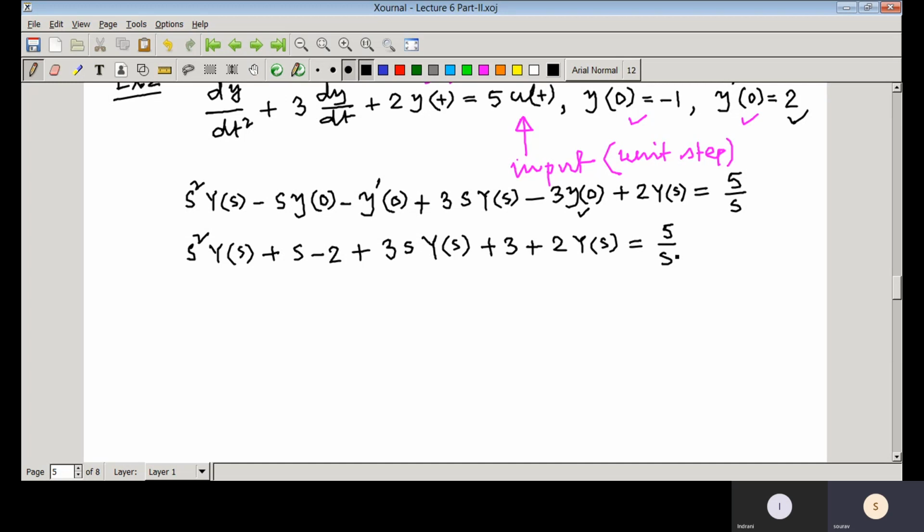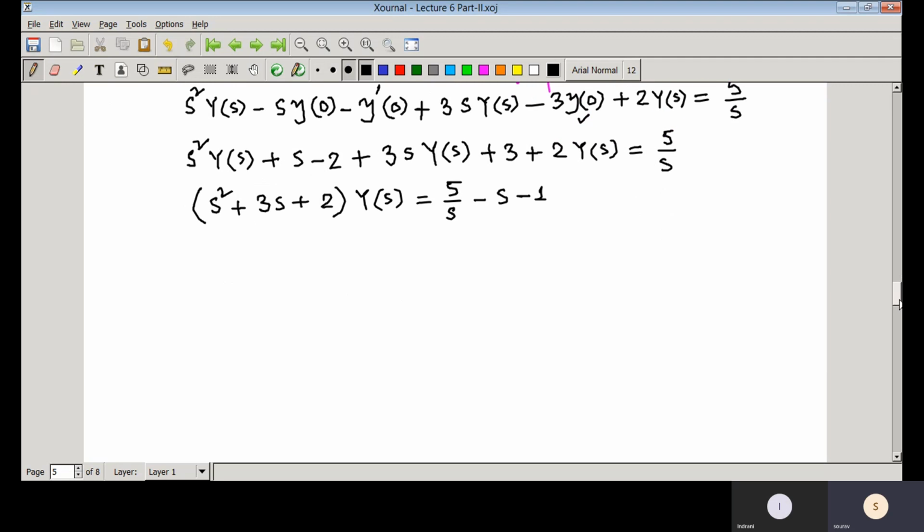Now just rearrange this expression, and you will get (s² plus 3s plus 2) times Y(s), and if you take those terms on the right hand side, 5 by s minus s minus 1.